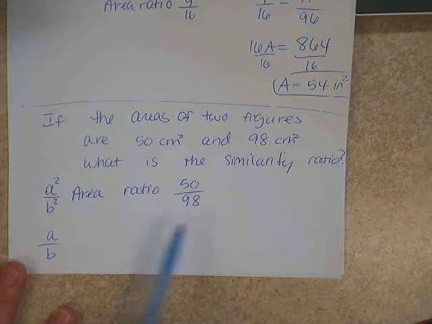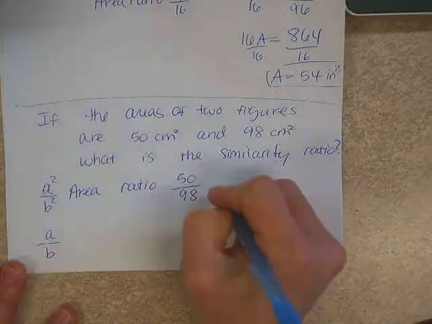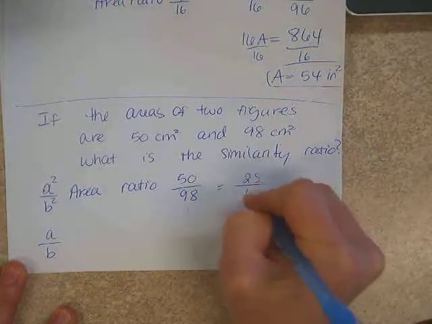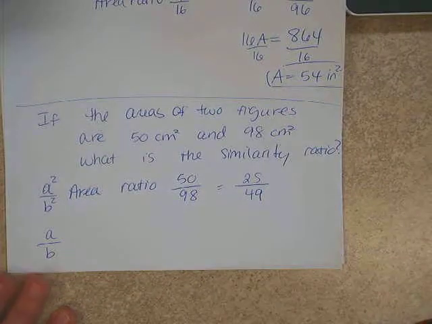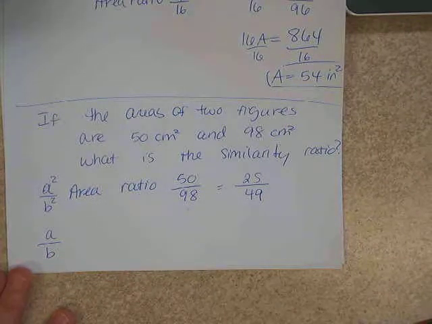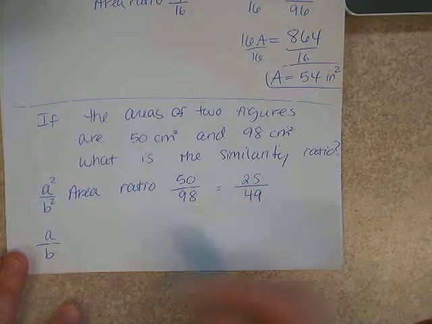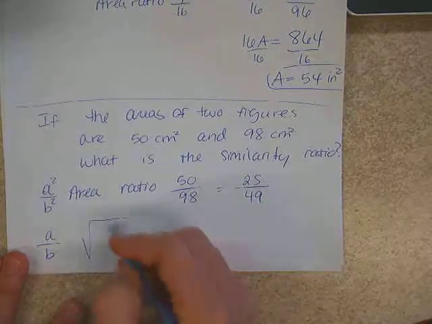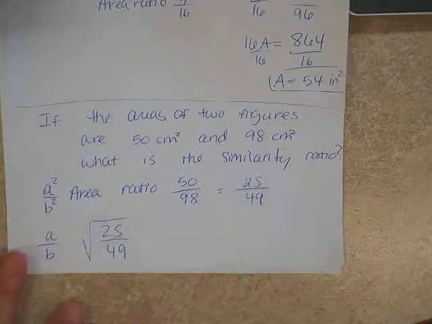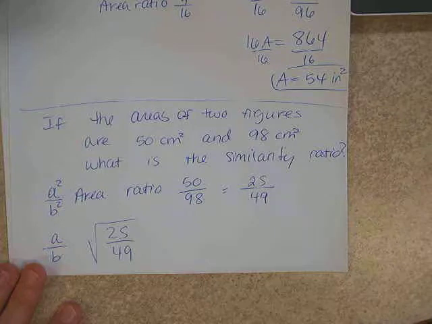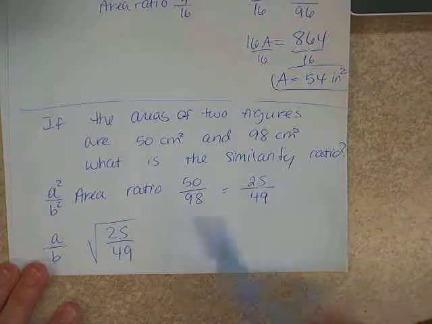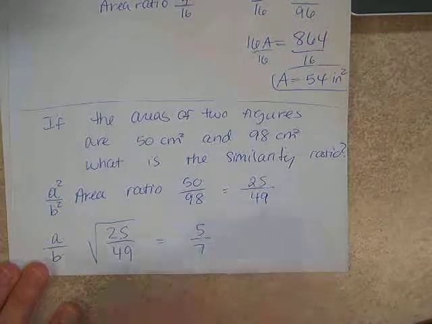For a perimeter or similarity ratio, we simply want A over B, but you're not going to want decimals as answers if you can avoid it. So this is what I was talking about. In some cases, you're going to want to simplify that before you square root. Obviously, you don't want to square root 50 and 98, but if I reduce this, 50 over 98 would be 25 over 49, which looks much nicer to square root, right?